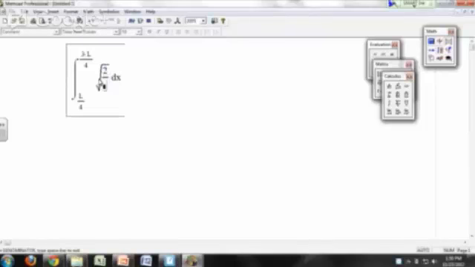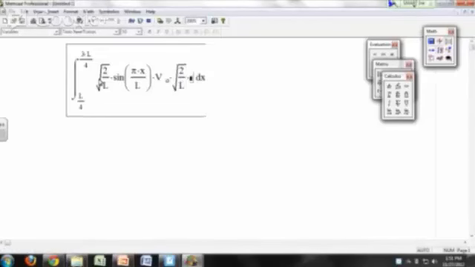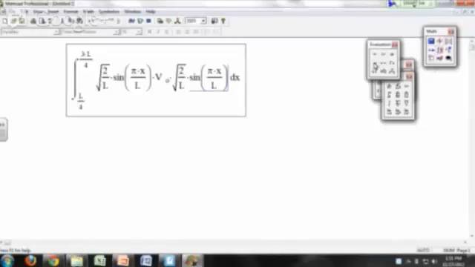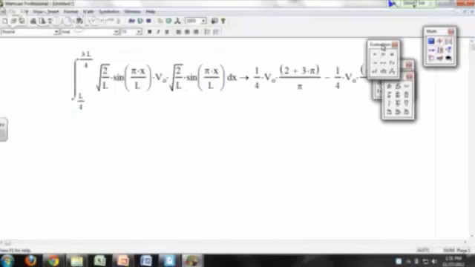Square root of 2 over L times sine, n equals 1, so pi times x over L. Times V naught, times psi again: square root of 2 over L times sine of pi times x divided by L. And we can evaluate this expression. And that gives you that formula right there.